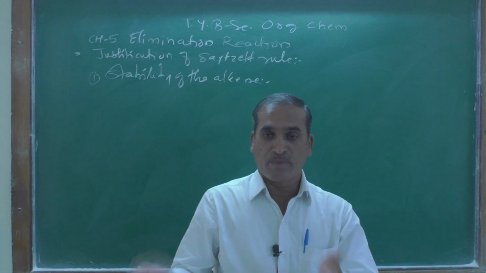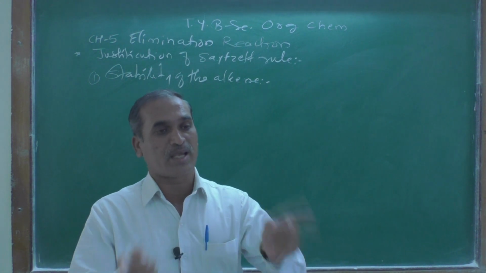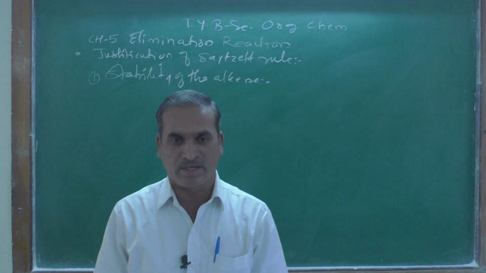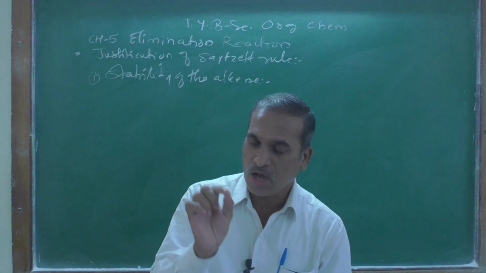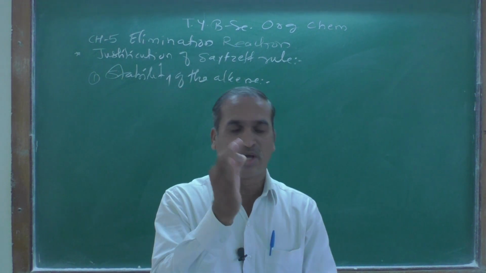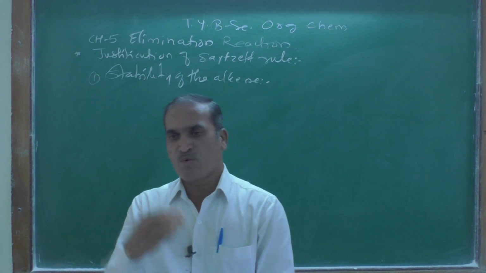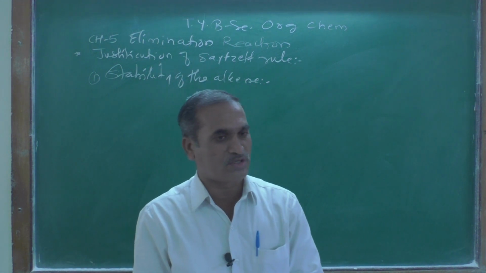But why is one major and another one minor? That depends on the stability of the alkene, and the stability of the alkene is determined or measured in terms of heat of hydrogenation. And what does it mean, heat of hydrogenation?